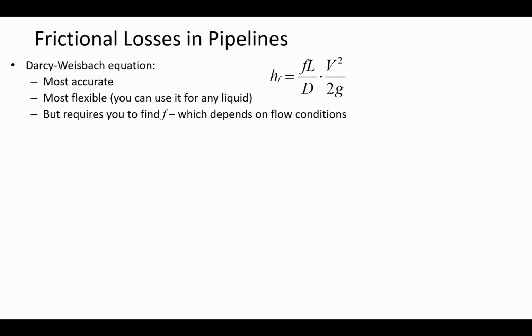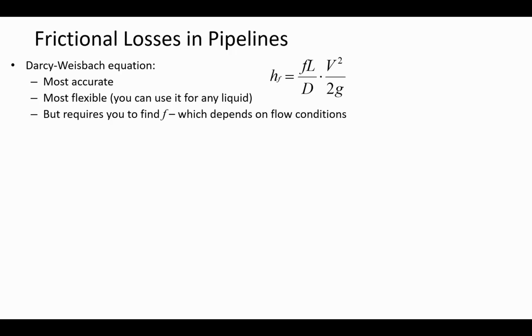Okay, now we have a couple of different frictional loss methods, and when we have the computer do it, like if we're doing some automated design using WaterGEMS or other hydraulic design software, we'll just always tell it to use the Darcy-Weisbach equation because it's most accurate and it's most flexible.